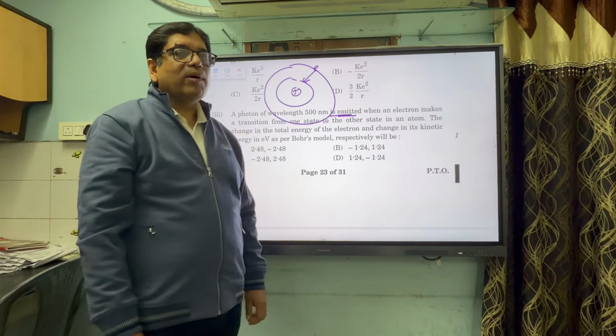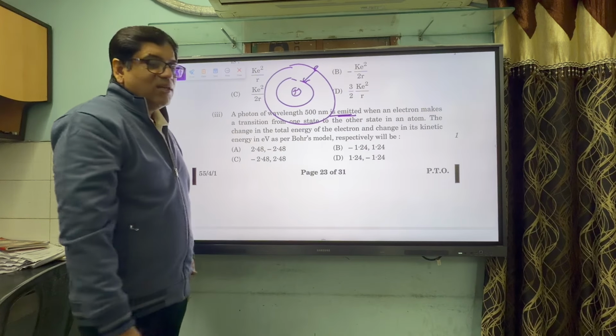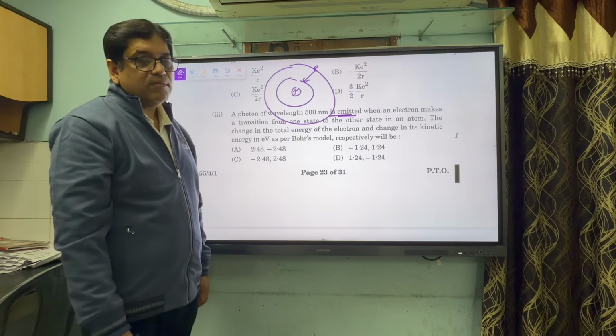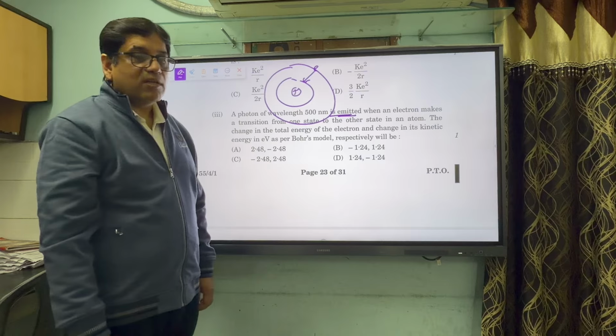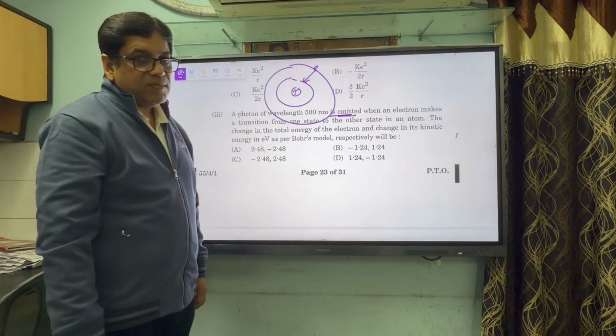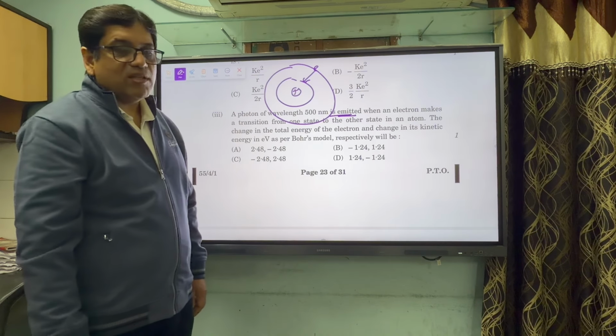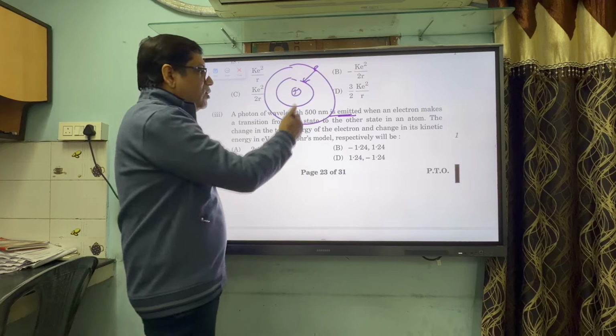Whenever electron jumps from higher orbit to the lower orbit, its total energy will decrease, but its kinetic energy will increase, because total energy has a minus sign relative to kinetic energy, always remember. Total energy will decrease. By how much will total energy decrease? Because it is moving from higher orbit to lower.